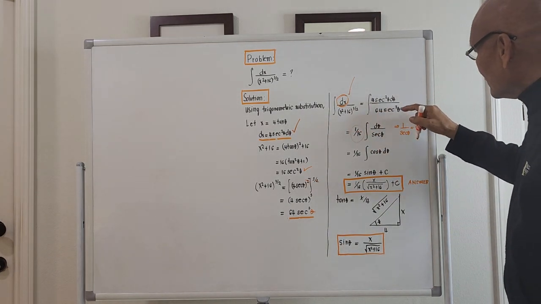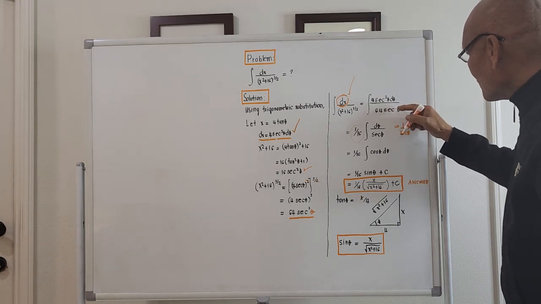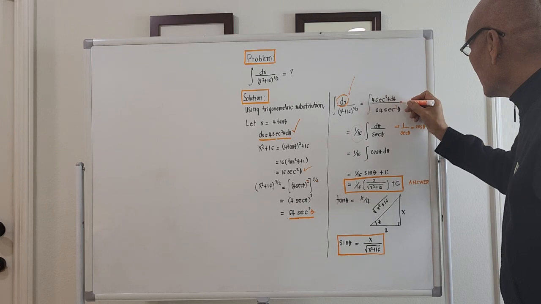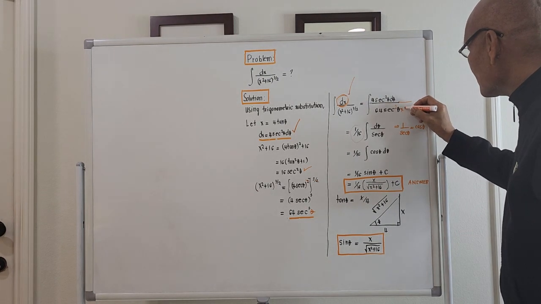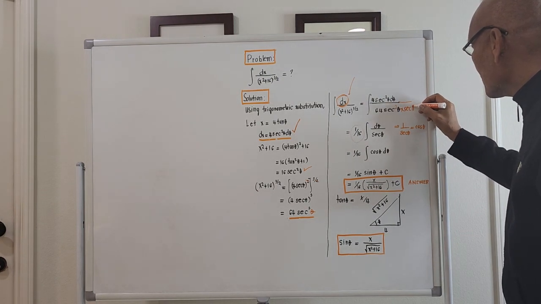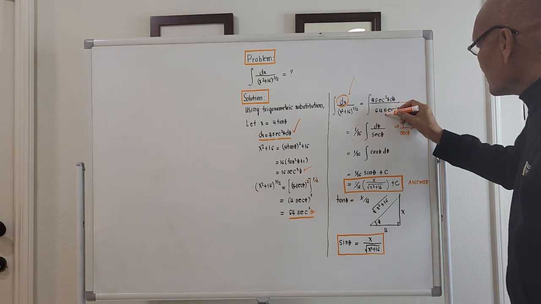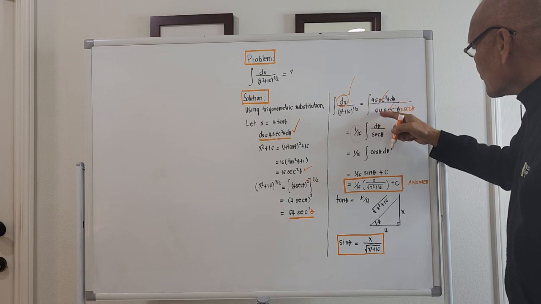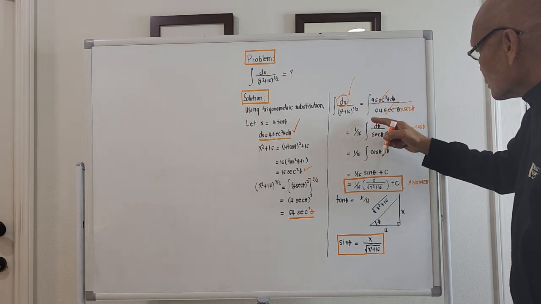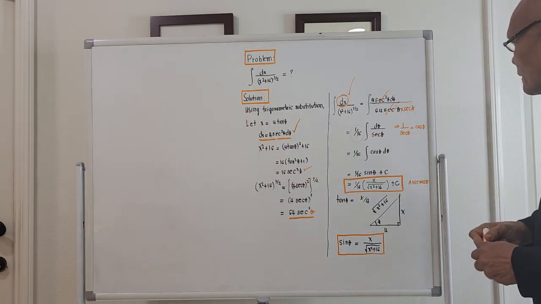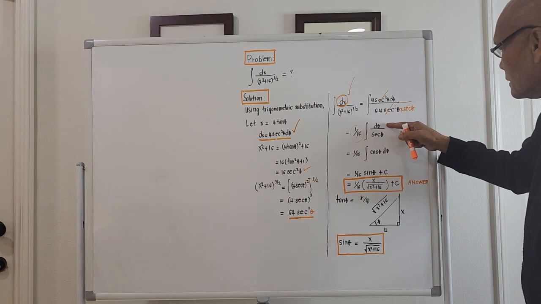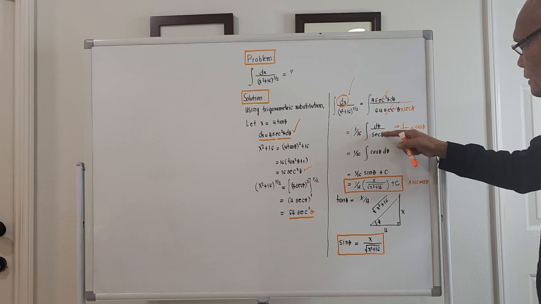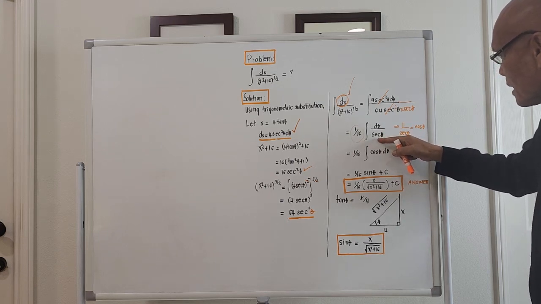And secant cube of theta can be written as secant square of theta times secant of theta. So the secant square of theta cancels. We bring out 1 over 16, and what remains inside the integral is differential theta, with 1 secant of theta remaining on the denominator.